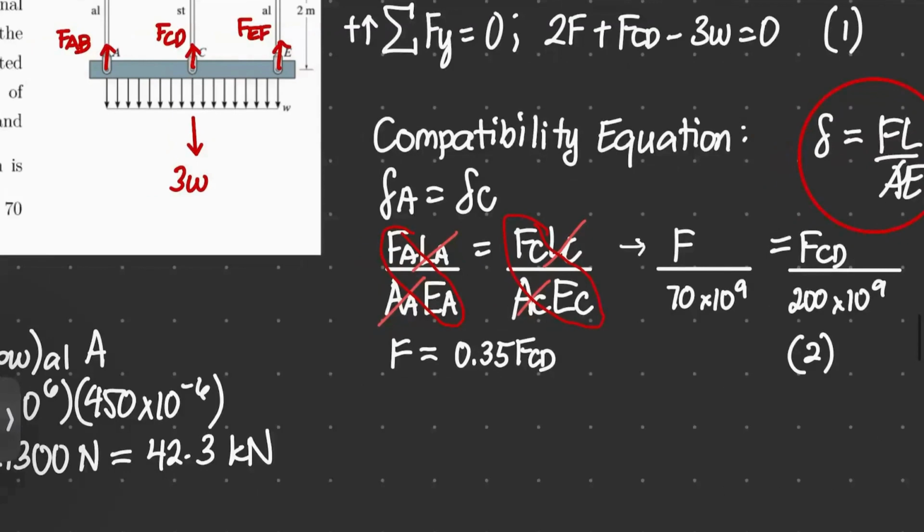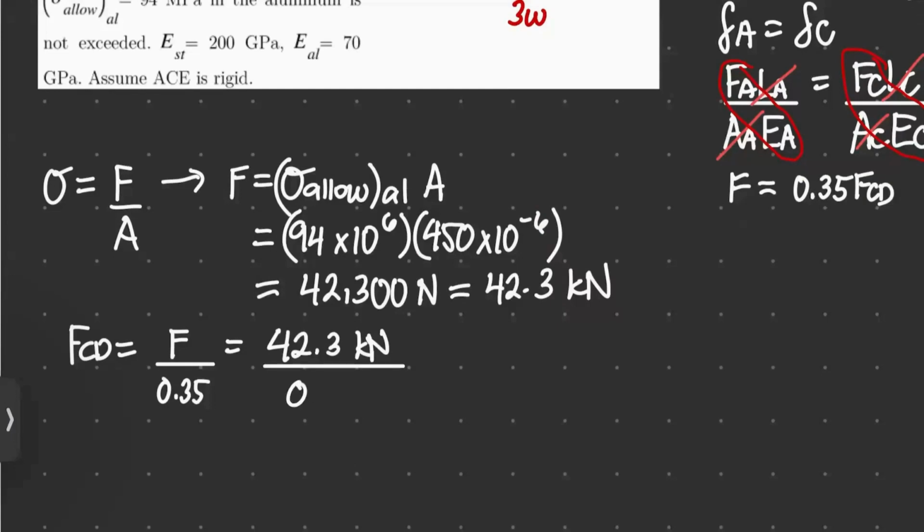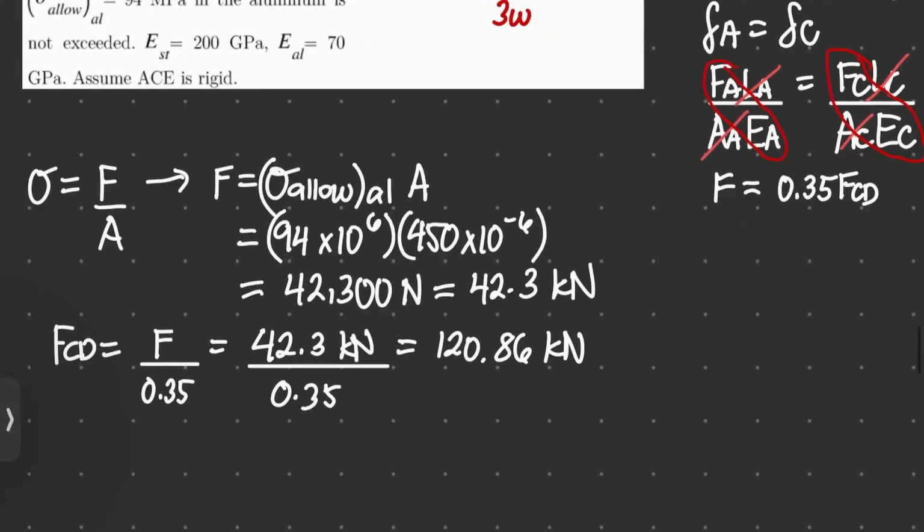FCD is equal to F over 0.35. So FCD is 42.3 kilonewtons over 0.35, giving us a value of 120.86 kilonewtons. Let me just put here that we used equation 2, and then we used here the formula for stress.